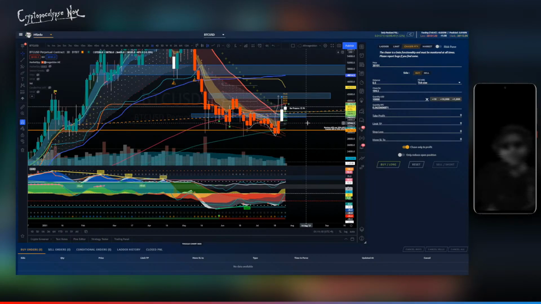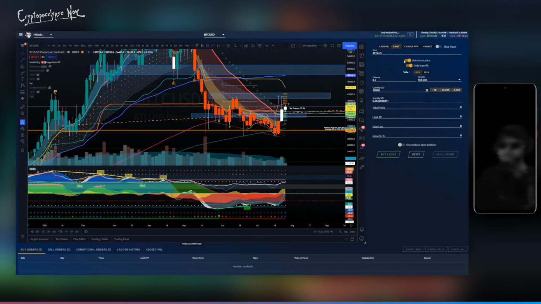Let's say we open 1x. If you open 1x, for example, 1 Bitcoin, and this thing drops by, let's say, 10K, your liquidation price just creeps up, and it's right there on your tail. So when prices drop and you're long on Bitcoin, you're screwed.